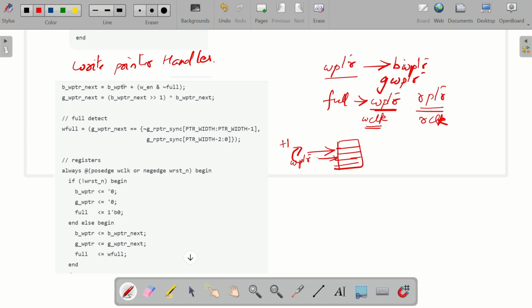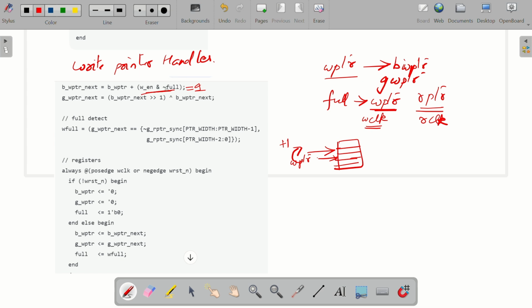So the B write pointer is incremented by 1, and how do I know that this condition should result in 1? I am able to write to the FIFO if and only if my FIFO is not full. If my FIFO is full, then it's not possible to write into it. That's why the FIFO must not be full and the write enable should be asserted.